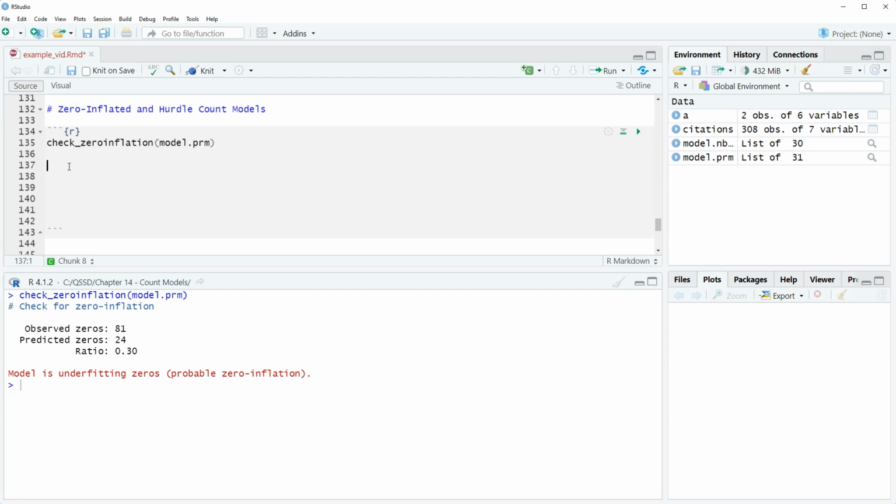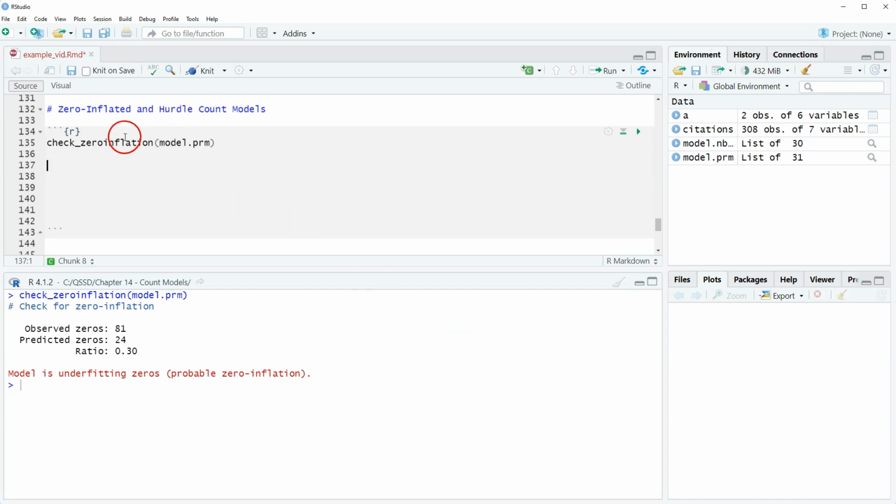That's true for the hurdle as well, but because the zero-inflated is combining these things, it's a mixture model, our choices about what predictors to put into the inflation part, into the binary part, really matter. So anyway, there's more in the chapter on this, but just realize we have a couple different options if we have a zero problem.